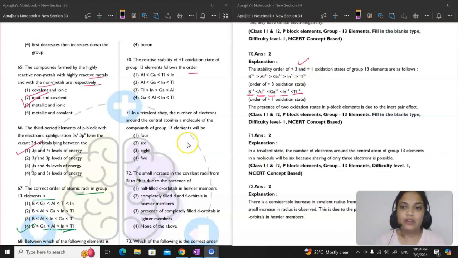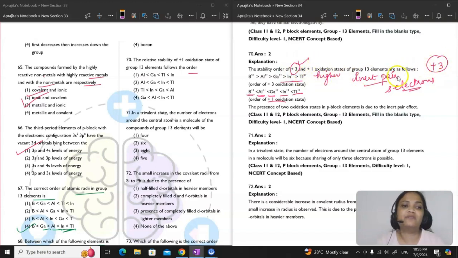So students, you can observe that the stability of higher oxidation state is decreasing down the group, but stability of lower oxidation state is increasing. This is because of the inert pair effect. Inert pair effect means the inability of the s electrons to participate in the bonding. So when we are moving down the group, the inert s electrons do not participate in the bonding, and the ability of that element to show higher oxidation state, meaning +3, decreases.